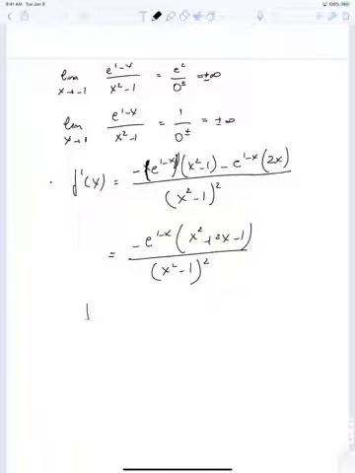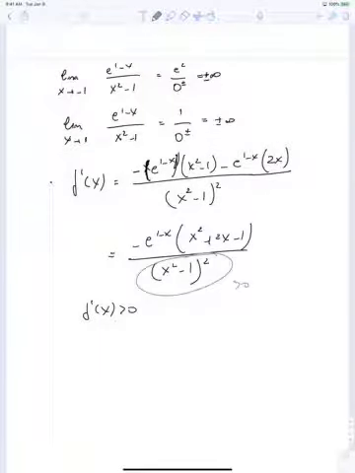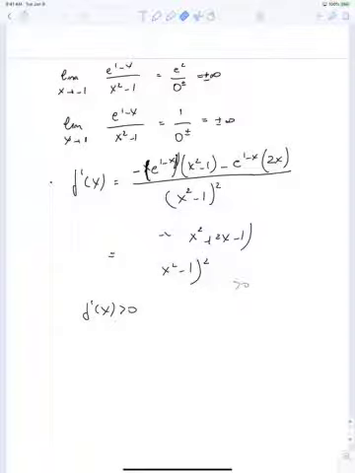Now, we want to study when the derivative is positive. I'm going to simplify it a little bit, because this quantity here is always positive, except for plus or minus 1 where it's not defined.